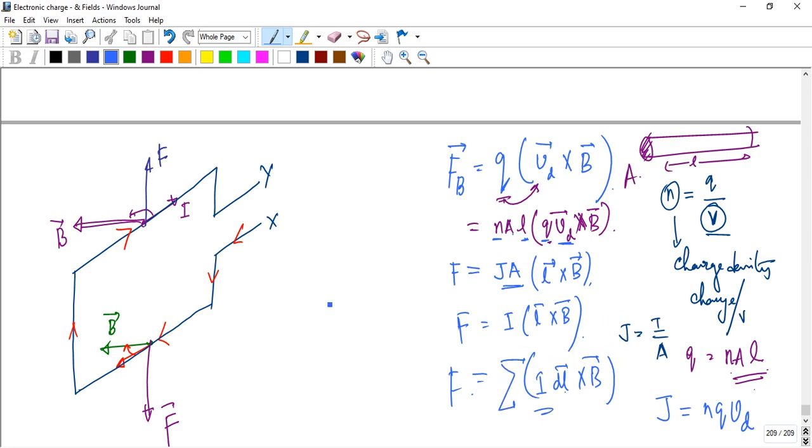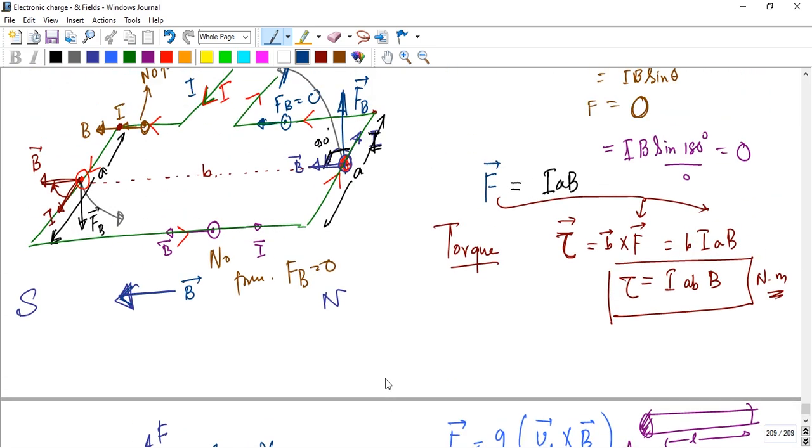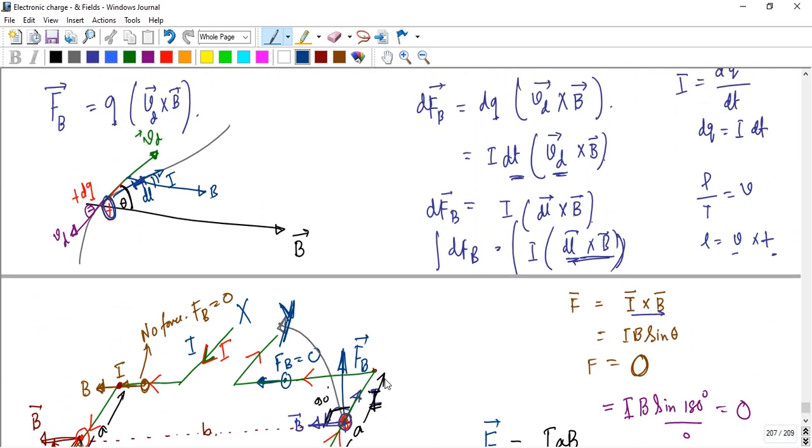Clear? That's a concept taken from the NCERT books, and these two equations are the same. That's a very important concept.